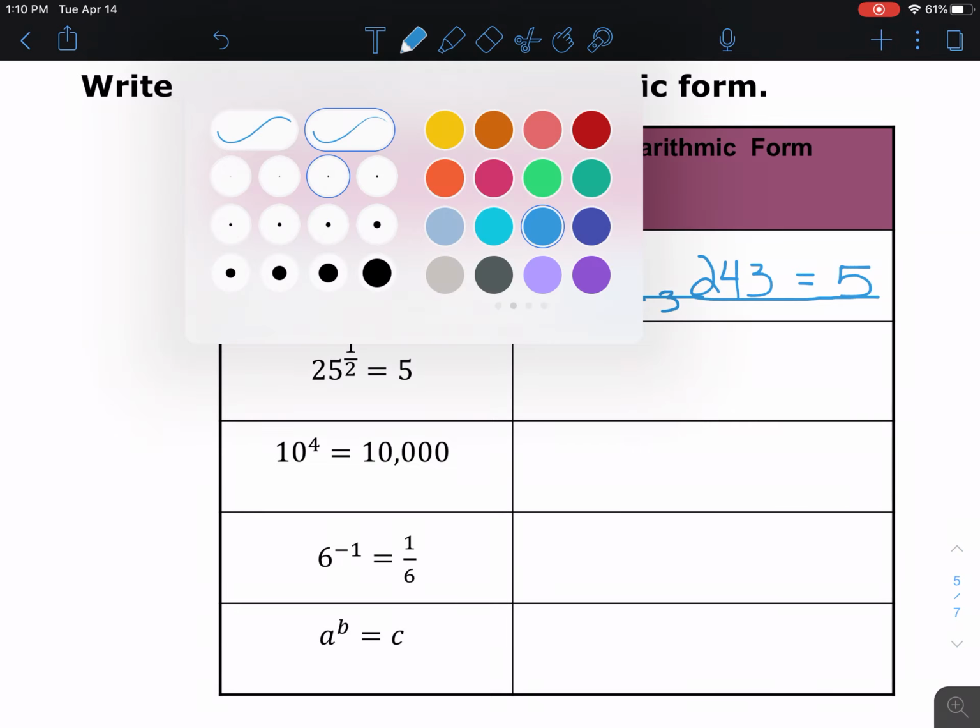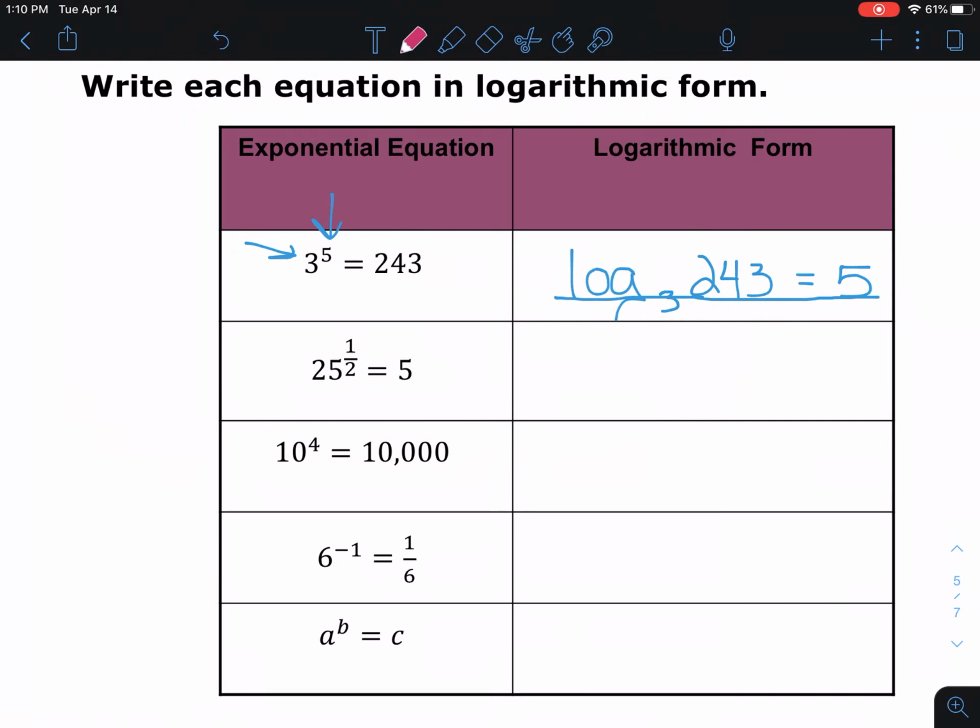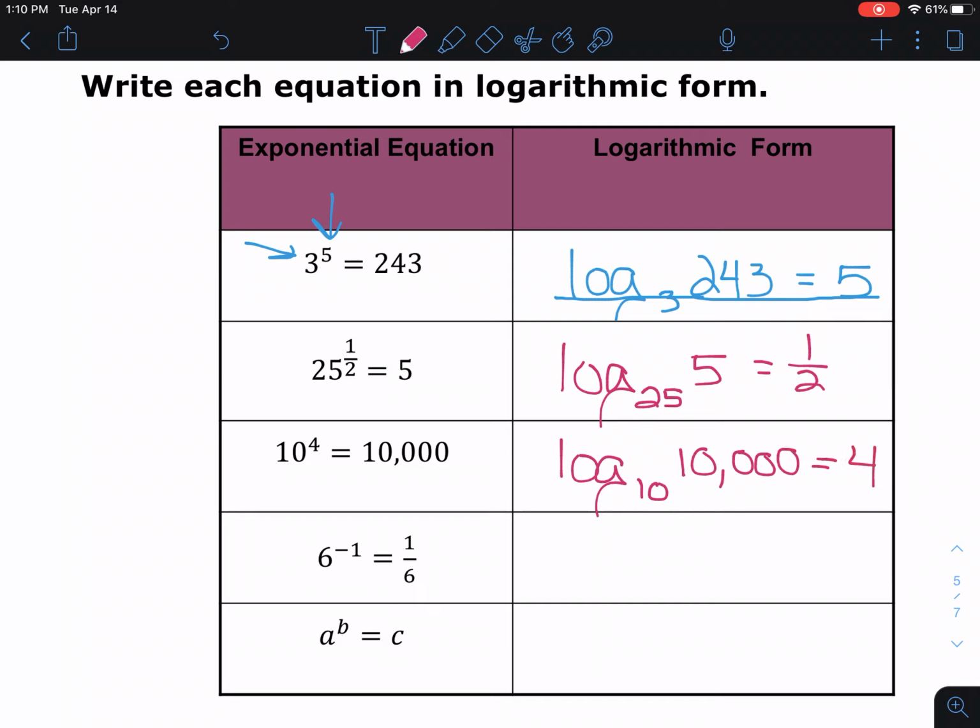Okay, so we're going to try these a couple more. We're going to go a little faster here. So this one, log. My base over on the left there is 25, so that will be my base here. 25 of 5 should equal the exponent 1/2. Okay? All right. That's it. Log base 10 of 10,000 equals the exponent, which is 4.